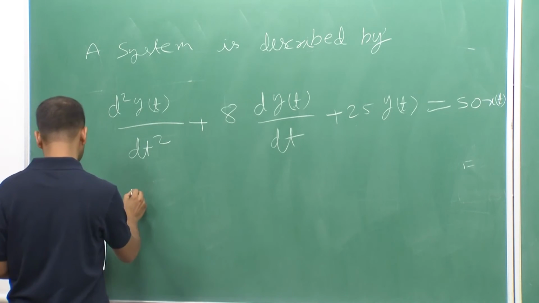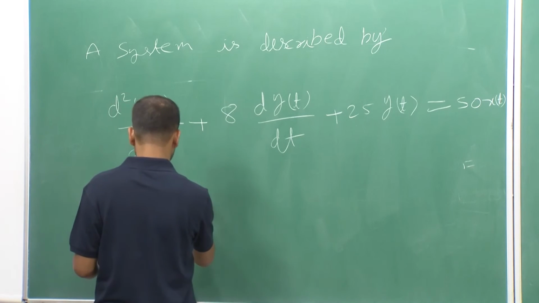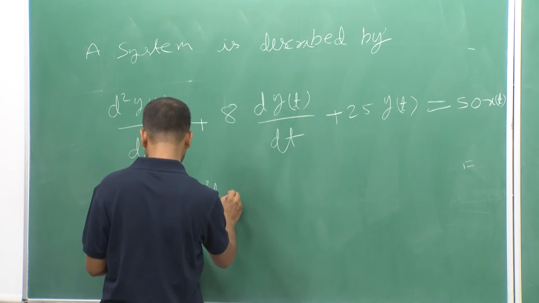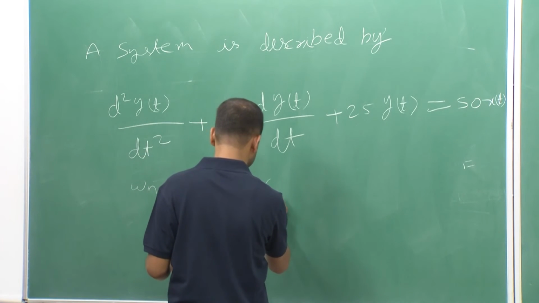Now, we have to find omega n, the undamped natural frequency, omega d, the damped natural frequency, and damping ratio zeta.